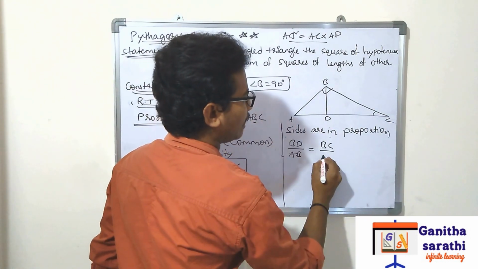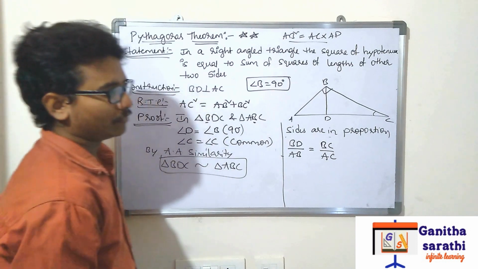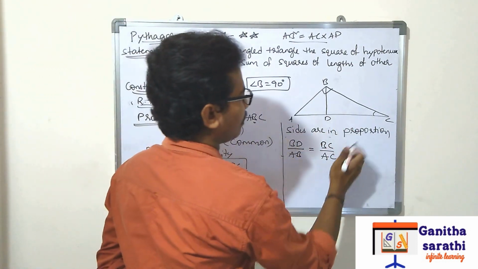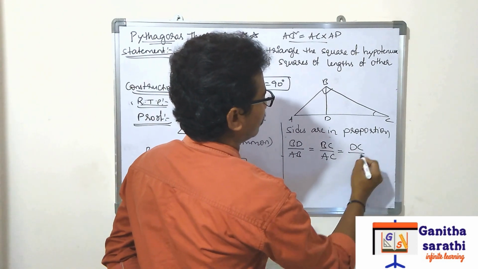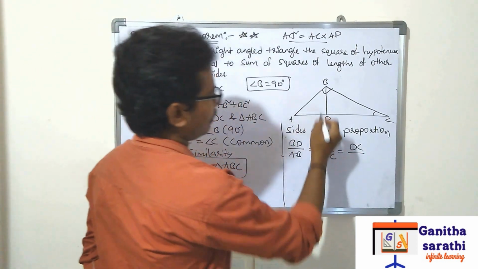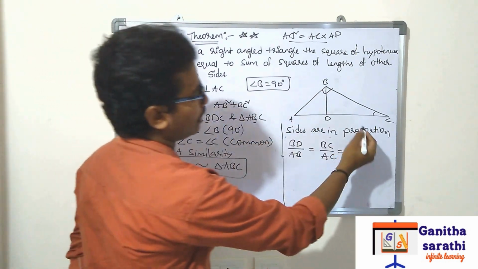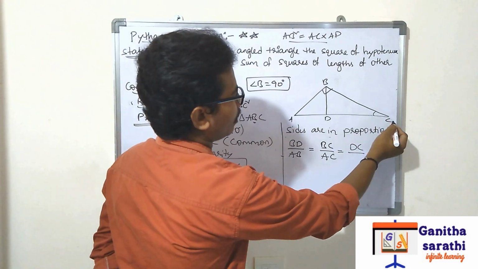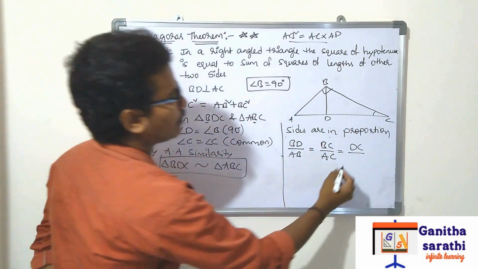The hypotenuse in the big triangle is AC. Right, BC by AC. Now, what is the remaining side in the small triangle? DC. What is the remaining side in the big triangle? It will be BC.